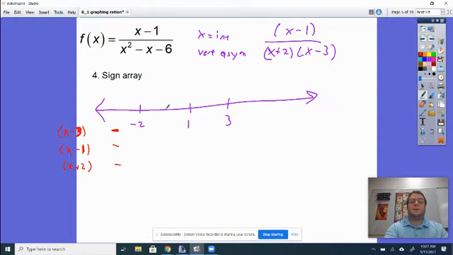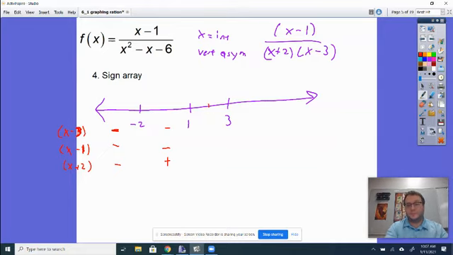Picking a number in the next area, say 0: if I plug 0 into the first one, I get a negative. Into this one, a negative. Here, a positive. That's true for any number in between; if I do -1.5, I still get a positive on these and negatives on these. Let's pick 2.